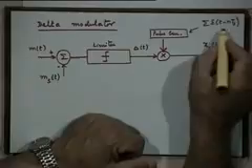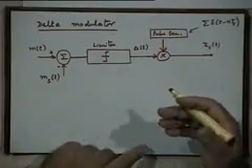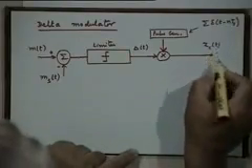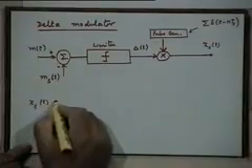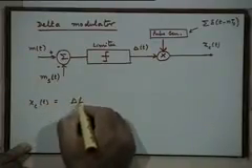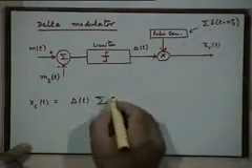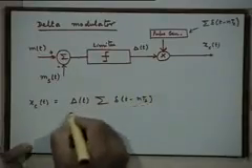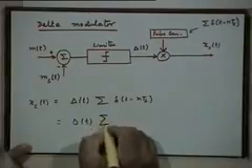The pulse generator is producing these impulses at a rate of 1 by Ts, and therefore this signal x sub c of t is essentially delta t multiplied with this impulse train, delta t minus m Ts.